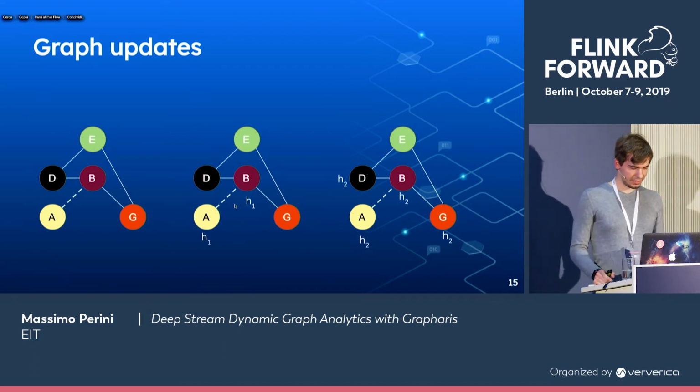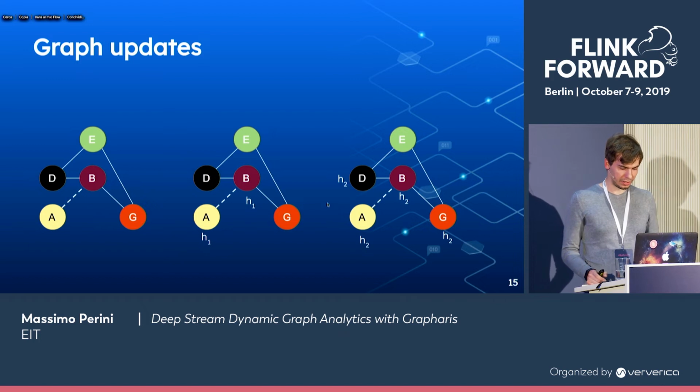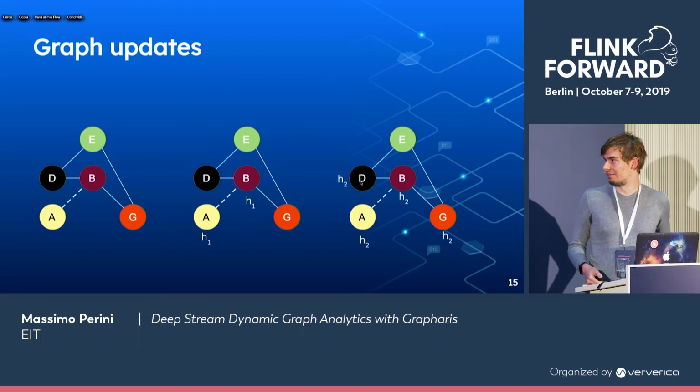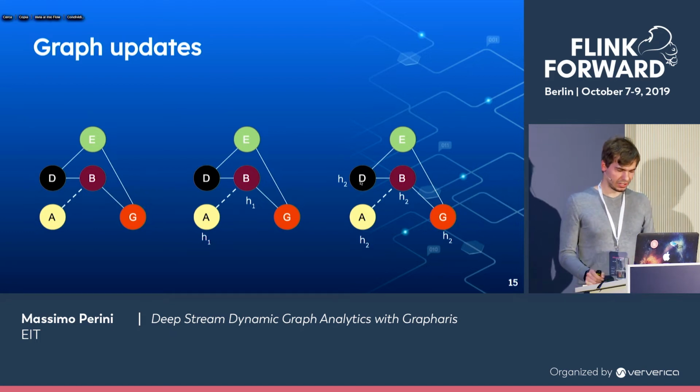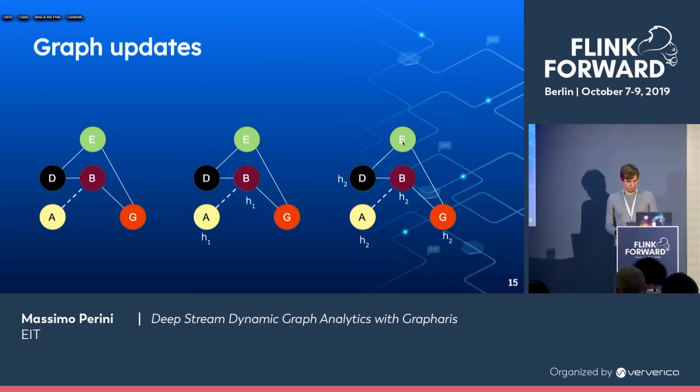And then, since the one-hop vector of A and B is new, we have to recompute also vectors of vertex D and vertex G. But, for example, vertex D doesn't need to recompute anything from vertex C because it is not affected by the new update.